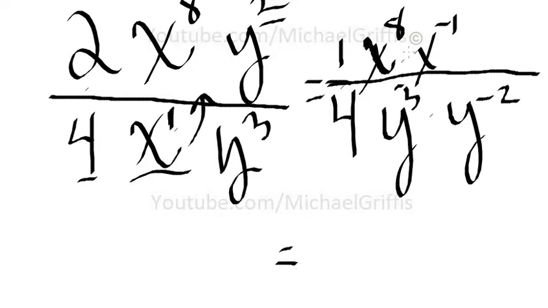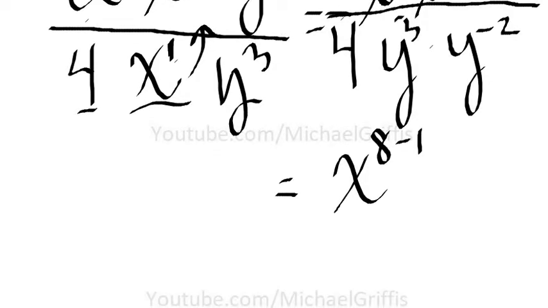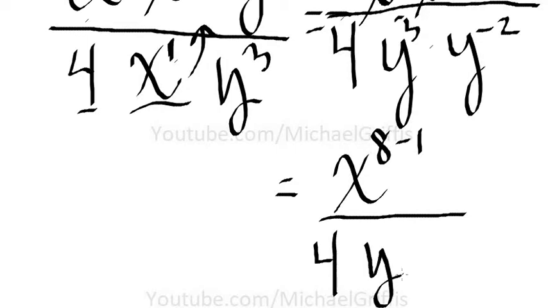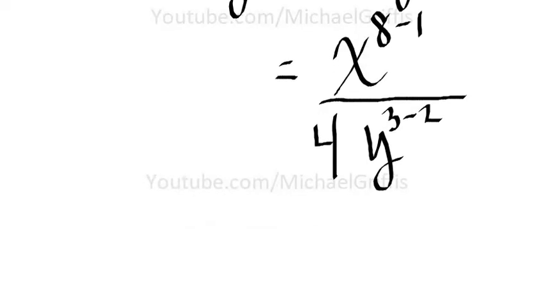What do we do with these exponents? We have x to the 8th times x to the first. Remember what we do with those? We add them. So we end up with x to the 8 minus 1 over 4, y raised to the 3rd minus 2. We're taking baby steps here before we get to the final.